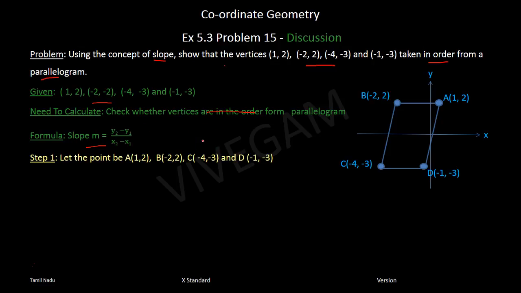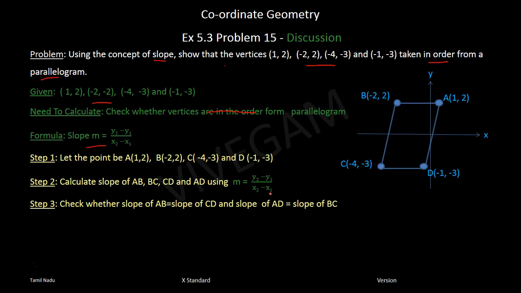So what will be the first step? Let's name the points as A, B, C and D. Then calculate the slope of AB, BC, CD and AD, all the 4 sides, using the 2-point form (y2 minus y1) divided by (x2 minus x1). Then check whether the slope of opposite sides are equal. That is slope of AB equal to slope of CD. Which are the opposite sides?